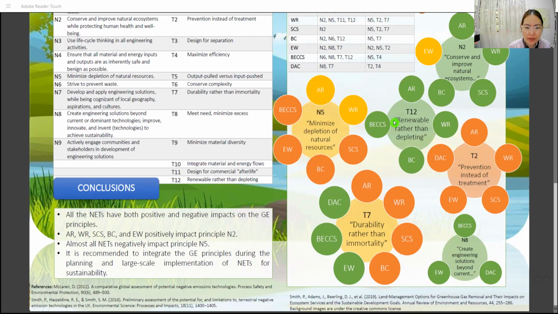Because AR, WR, biochar, and BECCS all involve biomass, which is a renewable resource, they all support Principle T12, or renewable rather than depleting. Enhanced weathering, BECCS, and DAC are relatively stable in storing carbon dioxide compared to the other NETs.